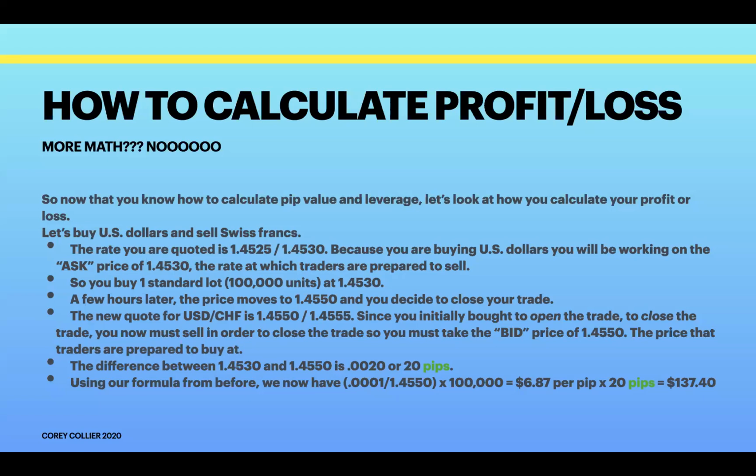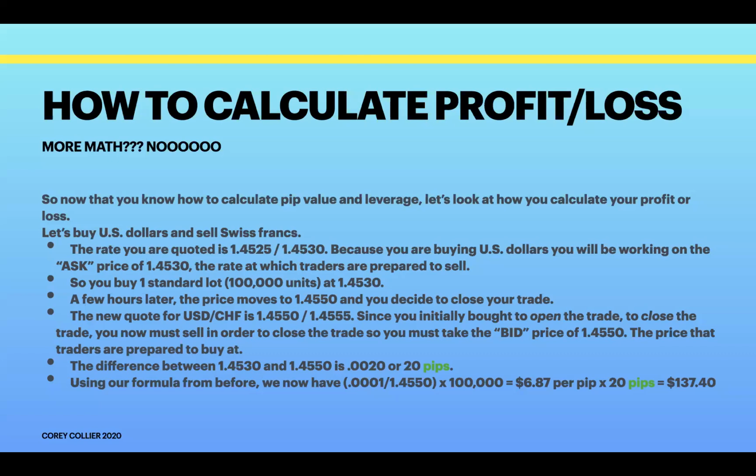You sell at that 145.50. You sell at the bid price, or you close your trade at the bid price. Okay. It's kind of confusing, guys, but just understand that you bought at 145.30, which was your initial ask price, and you closed the order at 145.50, which is now the new bid price, so you gained 20 pips.